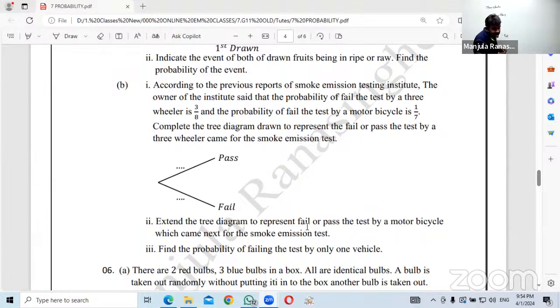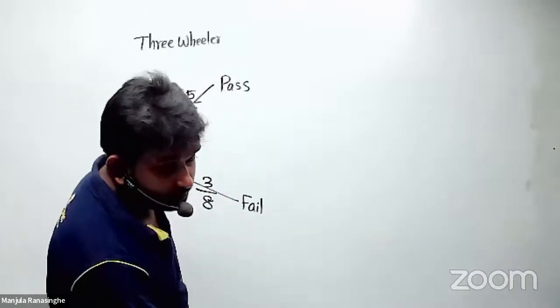Right now, see the three-wheeler being passed, how much? The probability. Fail the test by a three-wheeler 3.8. Failing is 3.8 means passing is 5 upon 8. Always the sum of these two events 1. Okay, so I have been entered the probability there.